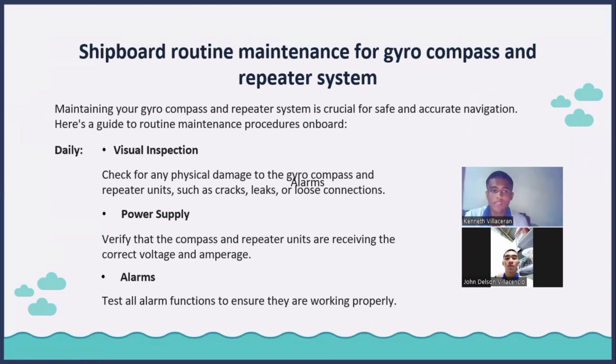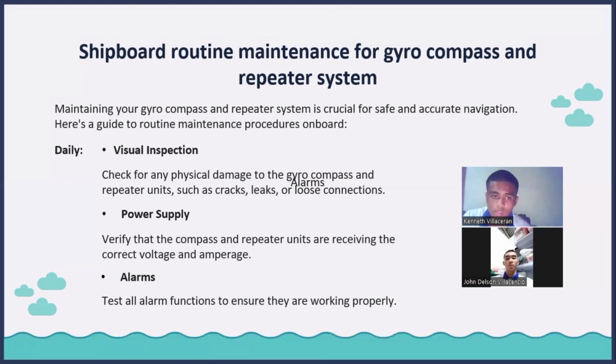First is the daily maintenance. There are 5 daily maintenance procedures on board. First is visual inspection, for checking for any physical damage to the gyro compass and repeater units, such as cracks, leaks, or loose connections.